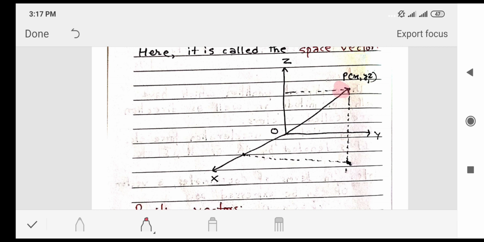One vector is there, P(x, y, z), and here are the x axis, y axis and z axis. If you indicate this point P(x, y, z) as a position vector, then we consider it as OP vector, and OP vector will be equal to (x, y, z).